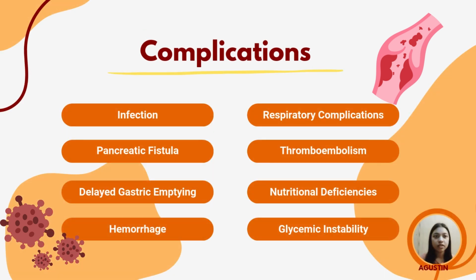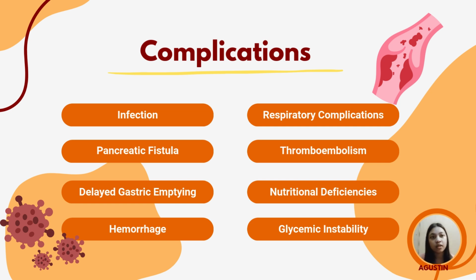So for the complications, we have the infection, pancreatic fistula, whereas leakage of pancreatic secretions from the anastomosis site, potentially leading to abscess or sepsis. Then, delayed gastric emptying. So this is a common post-operative problem causing nausea, vomiting, and prolonged hospital stay. Hemorrhage, so risk of bleeding intraoperatively or post-operatively due to vascular involvement.